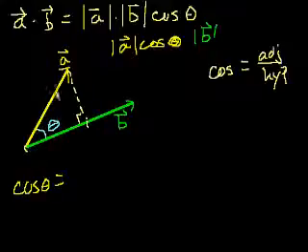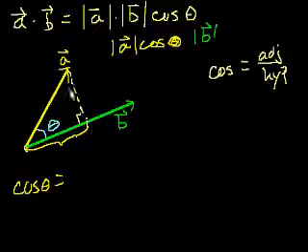Let's call this the projection of A onto B. It's like if you were to shine a light perpendicular to B, it would be the shadow of A onto B. Or you could almost think of it as the part of A that goes in the same direction as B. The way I get the intuition of what a projection is, I view it as the shadow. If you had a light source that came perpendicular, what would be the shadow of that vector onto this one?